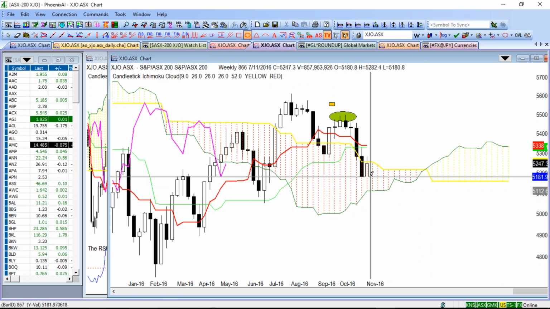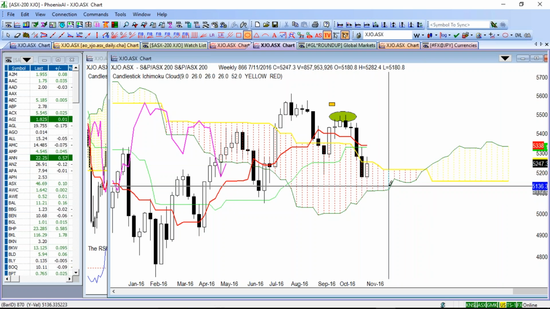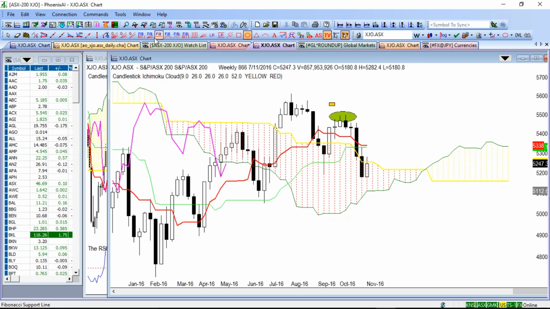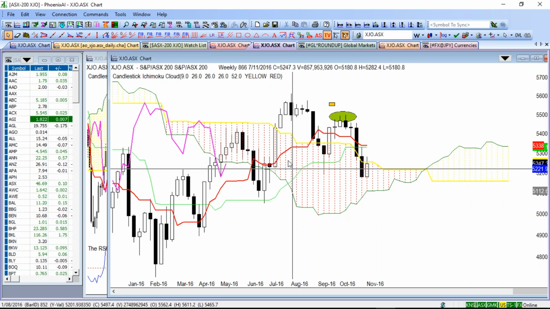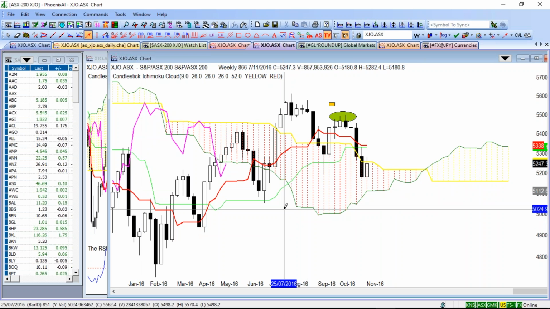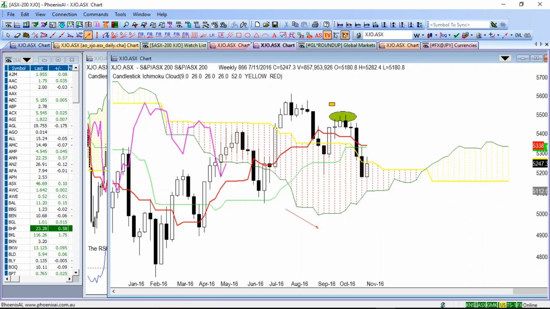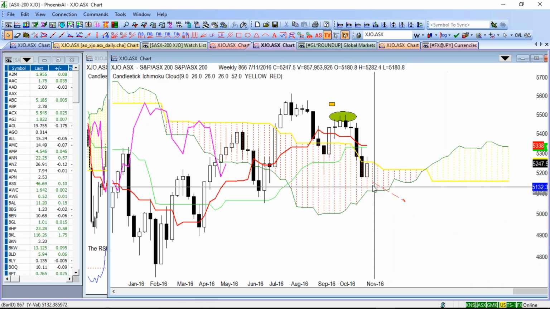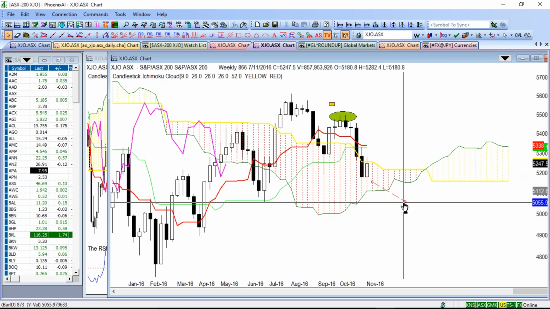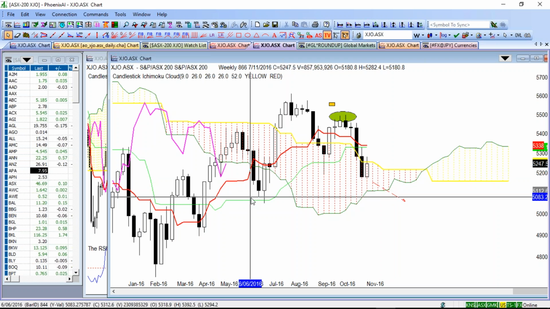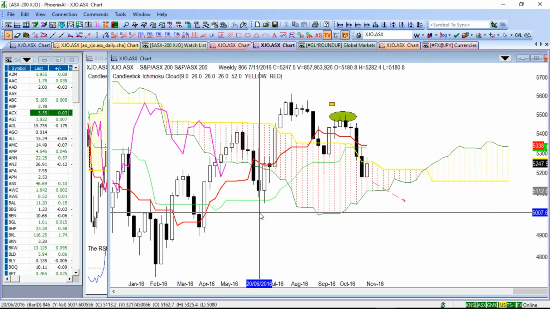The Chikou span, if we went down through this market, if we fell simply through this area here, if we fell through the cloud and price action continued to move down, the Chikou span would come out of the price action into fresh air and would be considered extremely bearish.